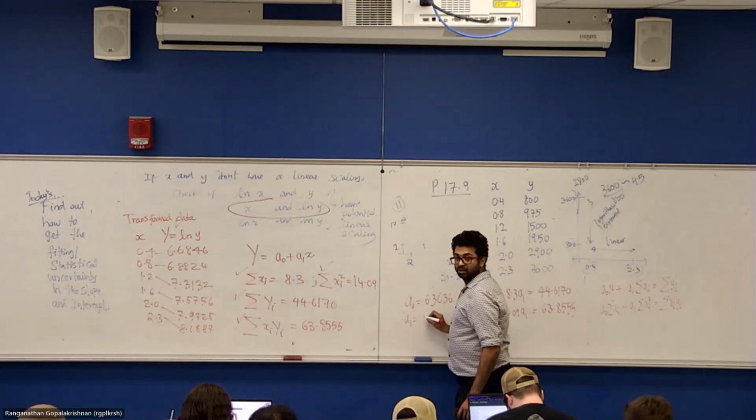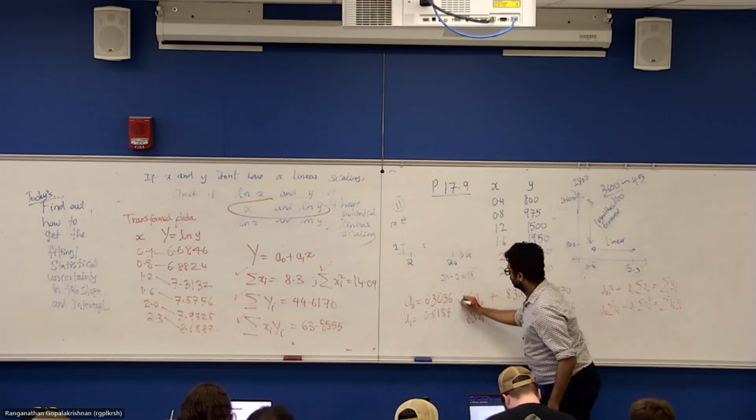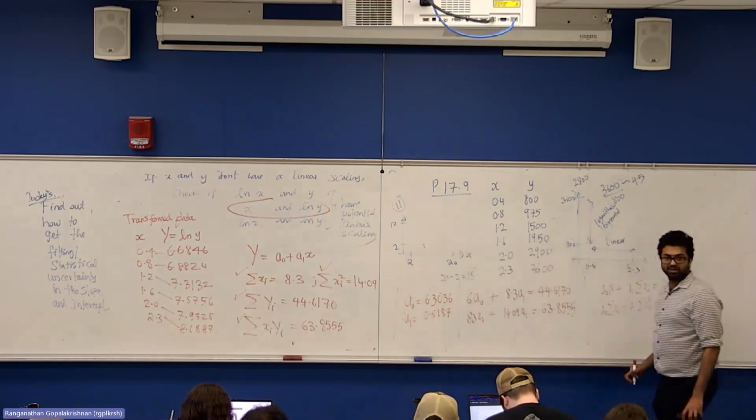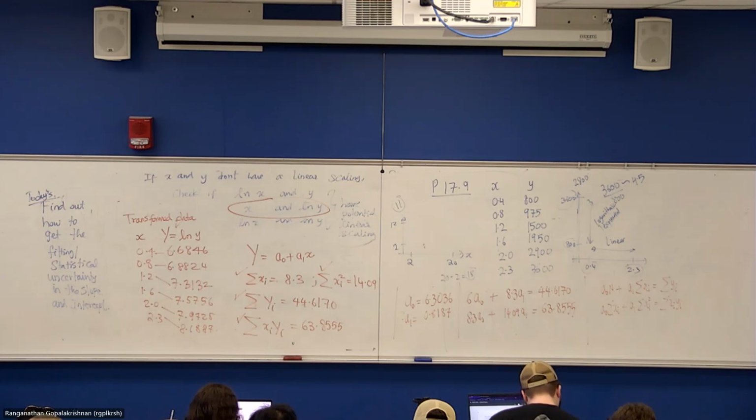A1 is 0.8187. Is this what everybody is getting?